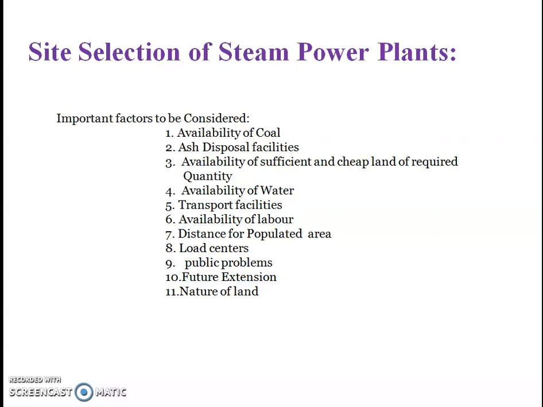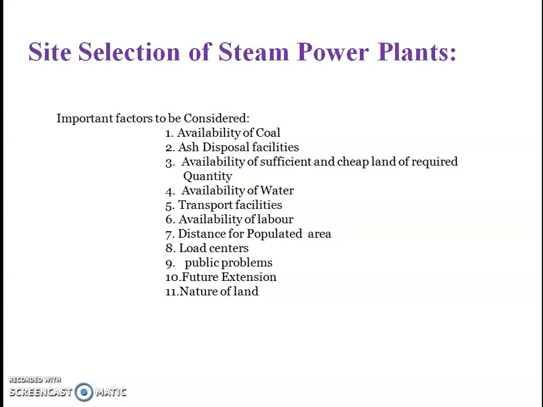A 200 megawatt thermal power station requires about 50,000 tons per hour of circulating water for condenser and about 10,000 tons per hour of makeup water. Even when cooling towers are employed, a sufficient quantity of water must be provided for the makeup. The water required to feed the boiler must be as pure as possible to avoid scaling in the boiler tubes.